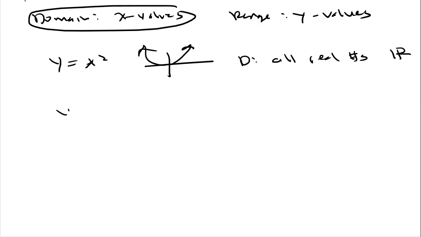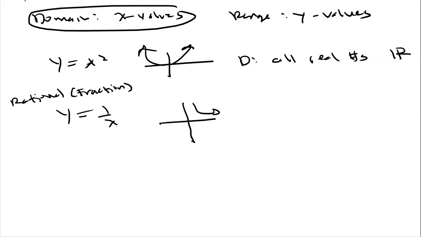functions. If I have y is equal to 1 over x, this is a rational function. Rational just means you can write it as a fraction. This graph looks like this.